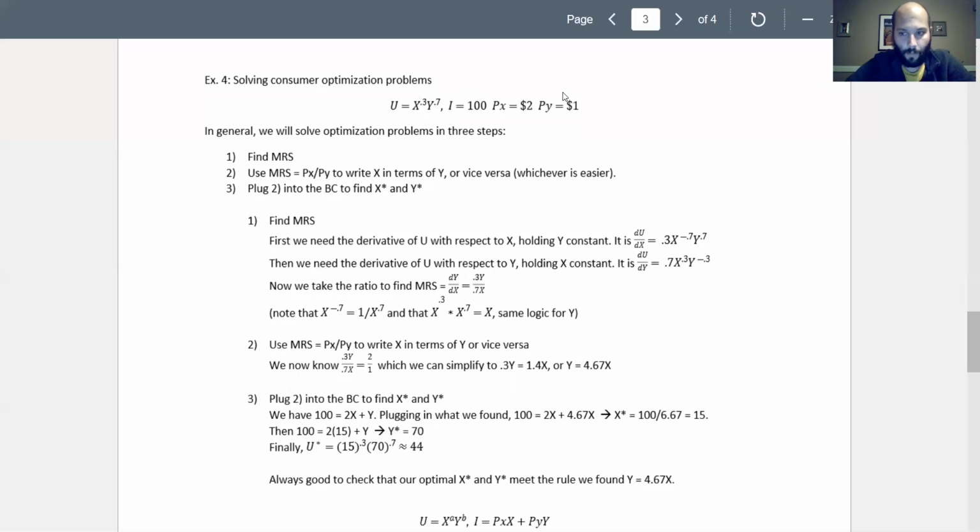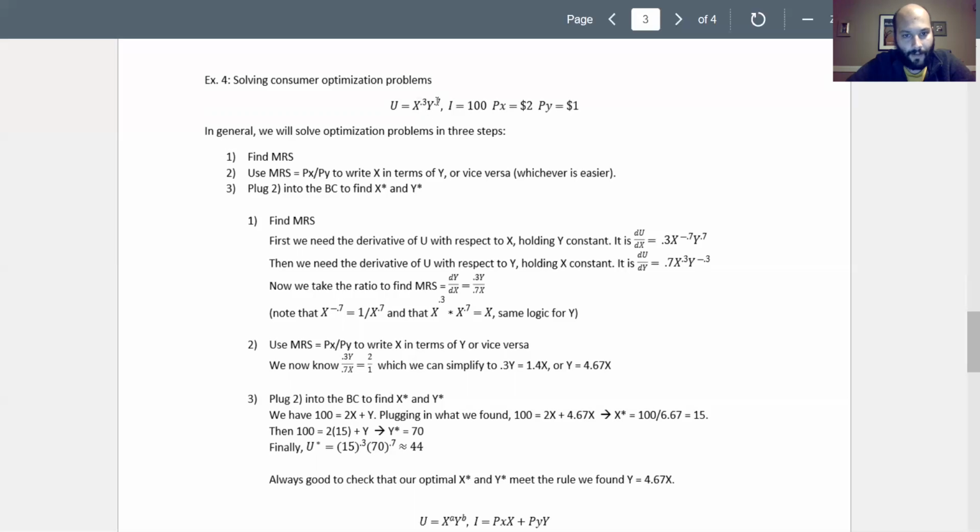All right, so step one, we need to find the MRS, which is the ratio of the marginal utilities, MUx over MUy. So the marginal utility with respect to x is going to be the derivative of this function with respect to x, right? So what's going to be constant in there?